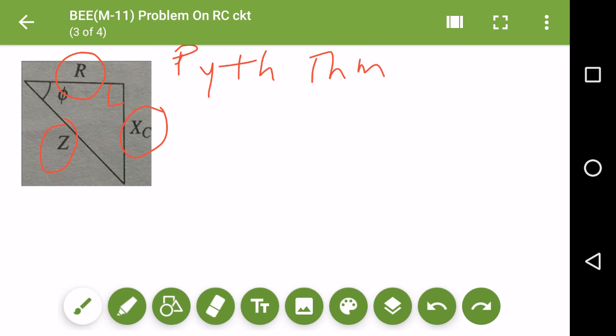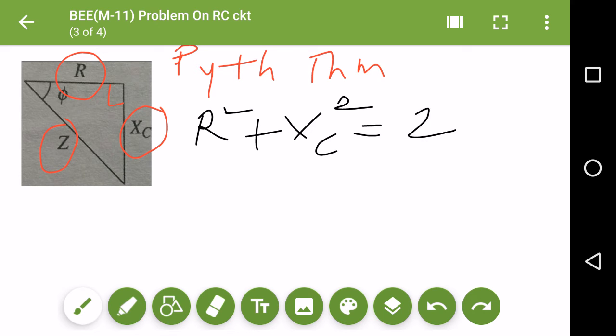So to find the value of Xc, I simply use the Pythagoras theorem. From the Pythagoras theorem, I can write that R square, that is one side square, plus the other side square, that is Xc square, equals Z square, the hypotenuse square.